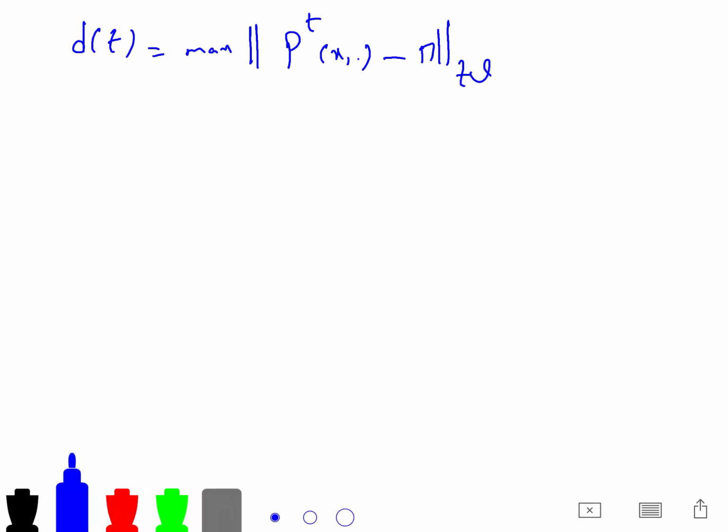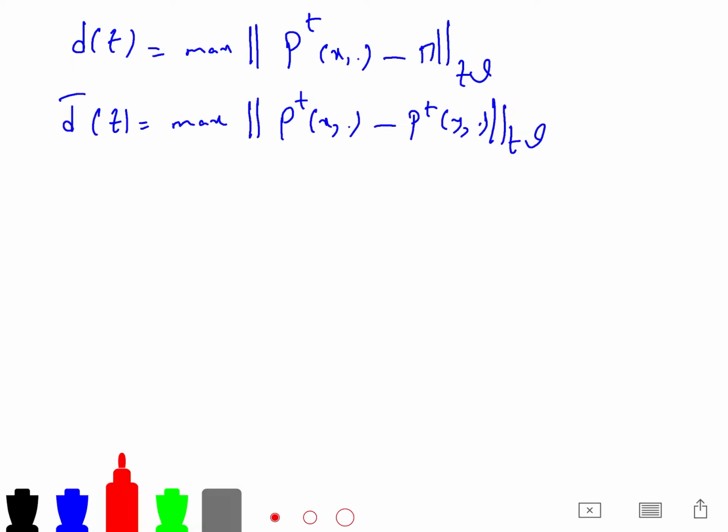So the maximum at each point in time, you can measure how close you are to your stationary distribution. And d bar of t is defined similarly, but here we start at two different points, x and y.